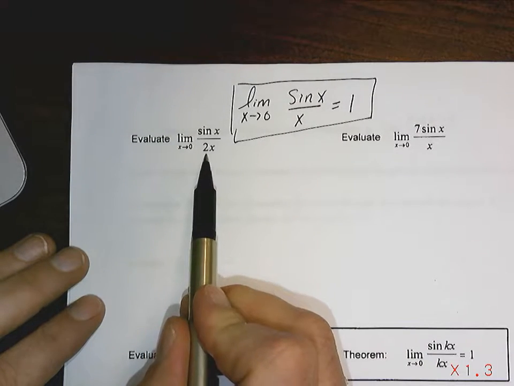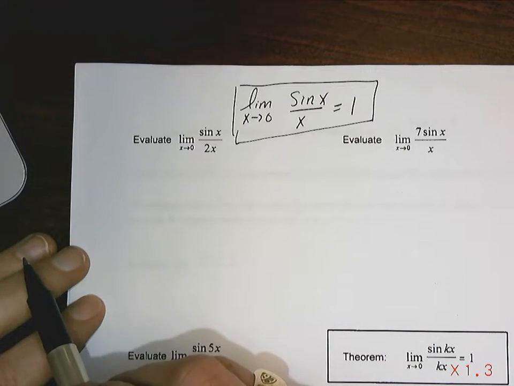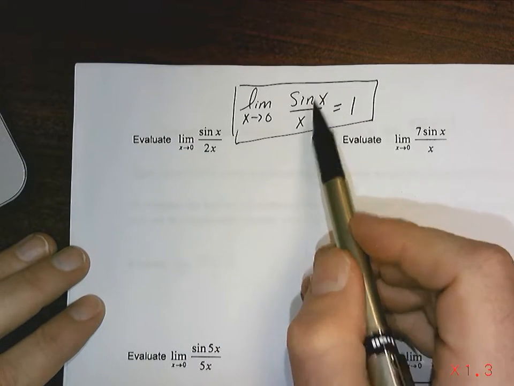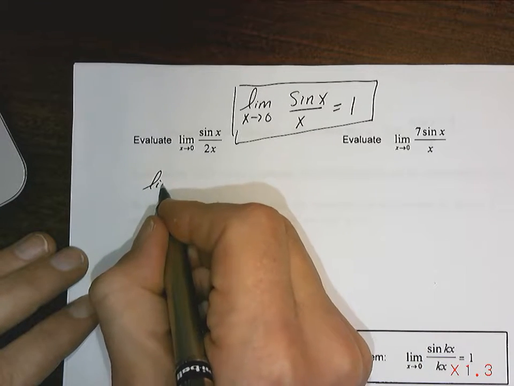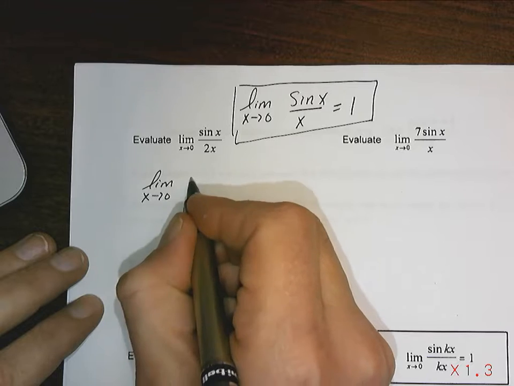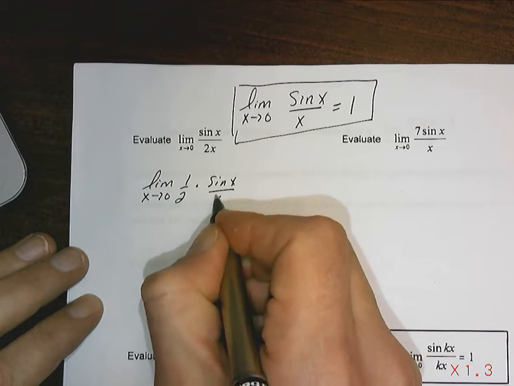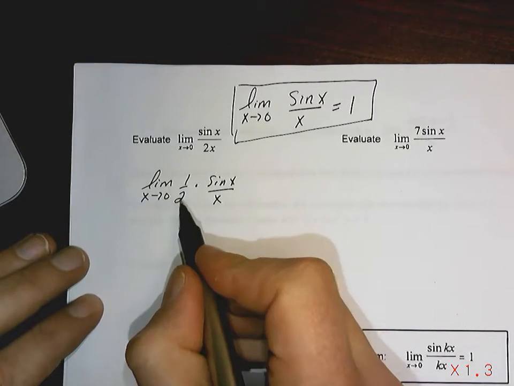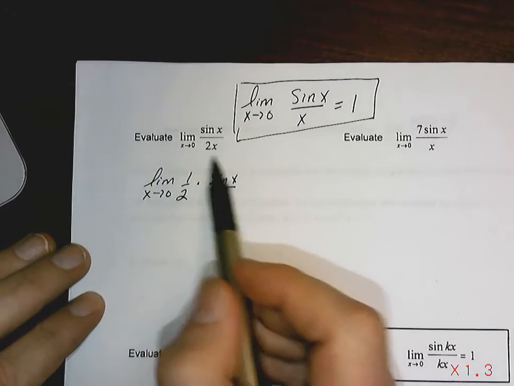So this one, I don't know what sine x over 2x is. I do not. I know what sine x over x is. So what I'm going to do is try to get rid of that 2. I'm going to treat it like a constant. Take a look at that. Top times top, bottom times bottom. I go to the sine x over 2x.